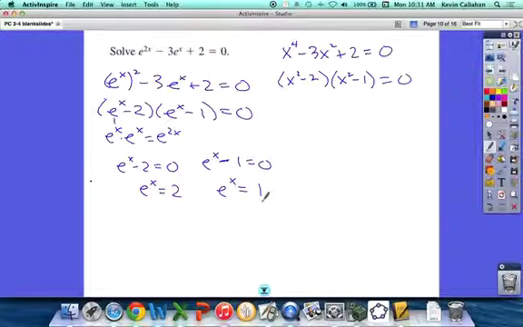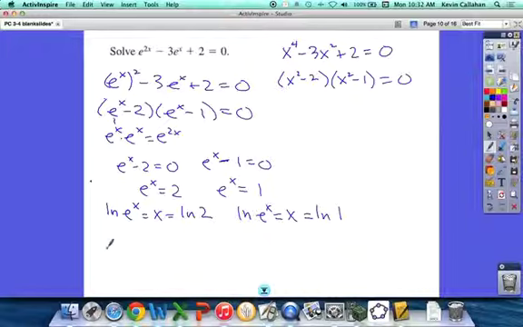Which log? ln, because it's the exponential of base e. So this is ln of e to the x equals ln of 2. Ln of e to the x equals ln of 1.